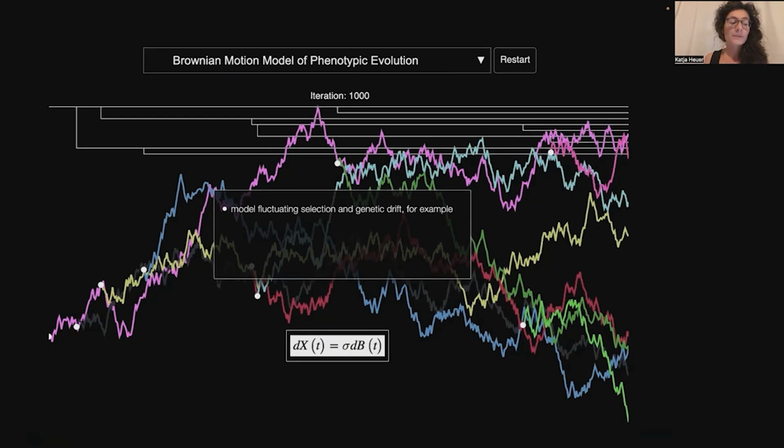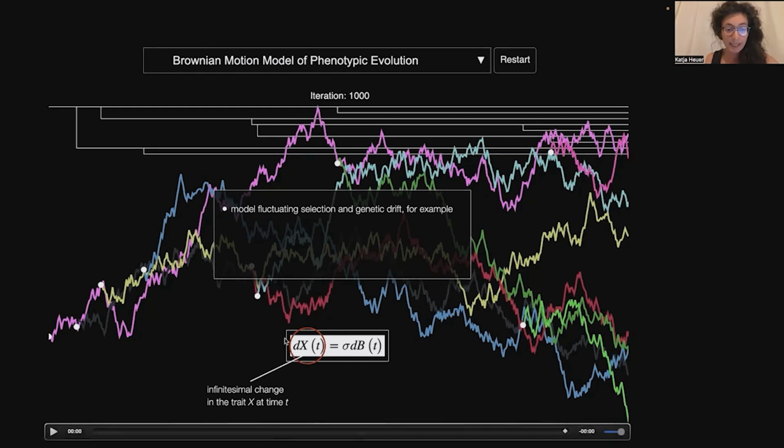And if you'd like to run some simulations mathematically, this model can be represented like this, where you have the infinitesimal change in the trait X at time t. And this here is the magnitude of the change in the trait at the time, and so also known as the diffusion coefficient or the evolutionary rate parameter.